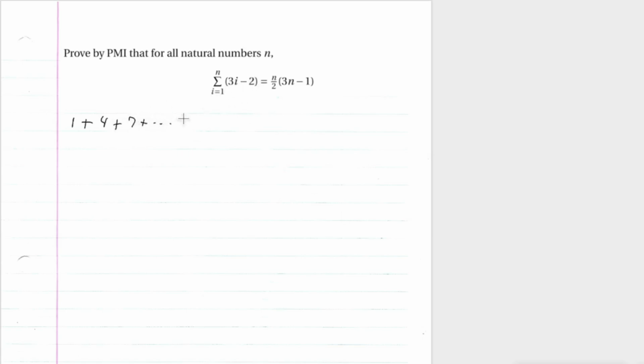Plus dot dot dot plus, and then the last term of the series would be 3n minus 2, is equal to n over 2 times 3n minus 1. So this is essentially what we're trying to prove, because this expansion is this series right here.